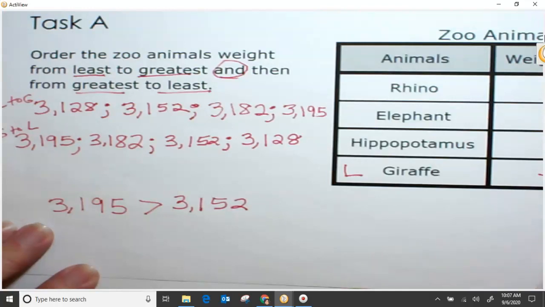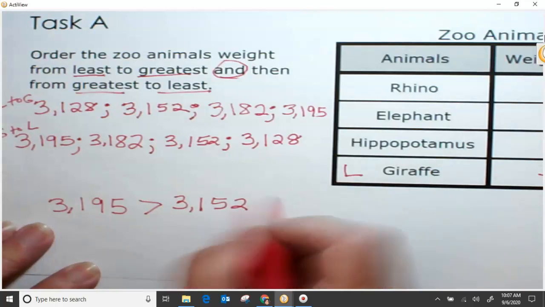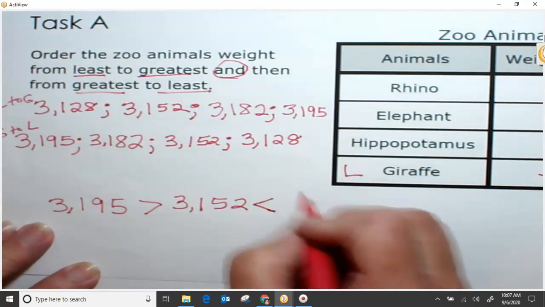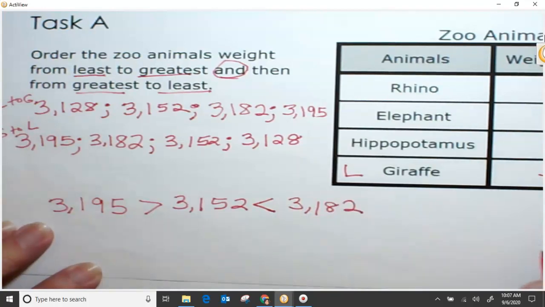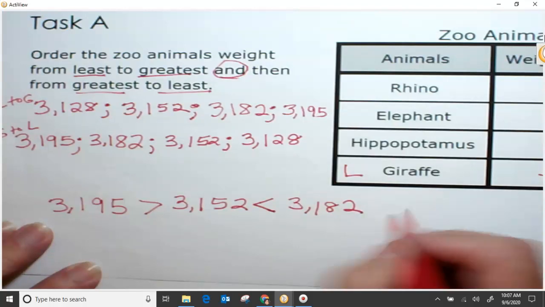Well, the elephant is less than. 3,152 is less than 3,182 because the 5 is less than the 8. So the elephant is less than the hippopotamus, 3,182. And then we're comparing the hippopotamus to the giraffe, and the giraffe is less than the hippopotamus.